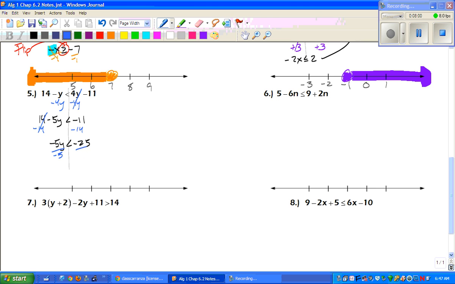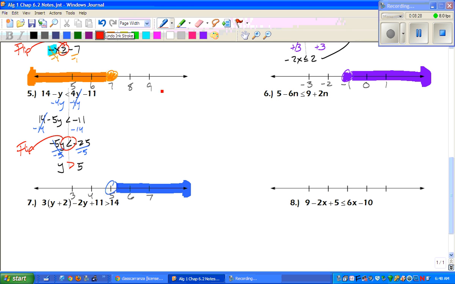And then divide both sides by -5. We get y is greater than 5, and we divided by a negative, so we have to flip the sign. So 2 above, 2 below, open or closed? It's open, and we shade to the right.